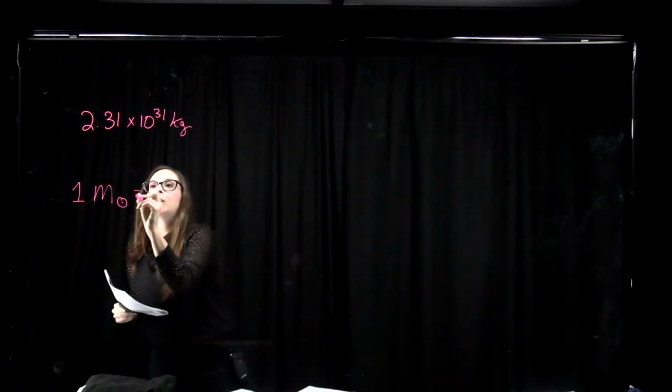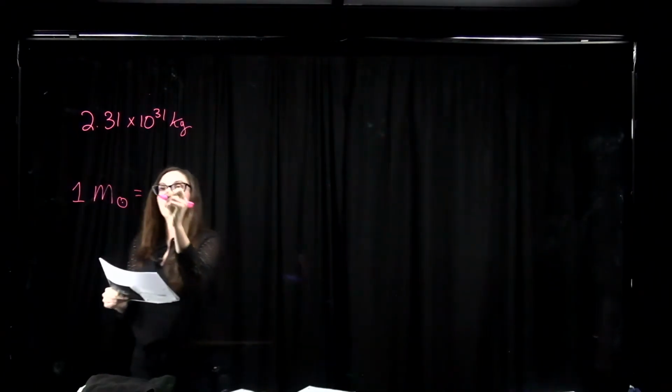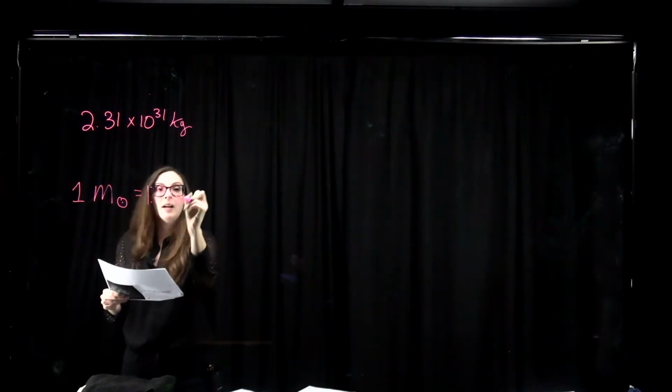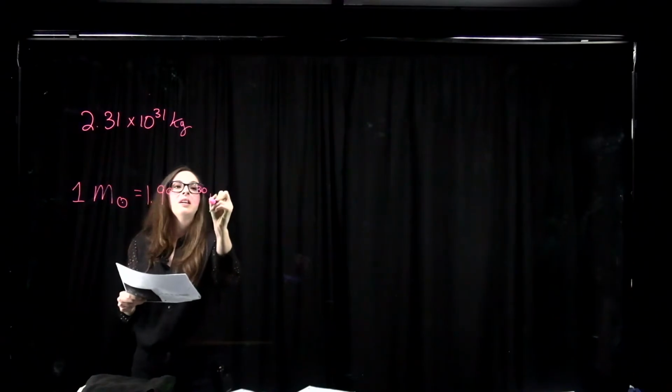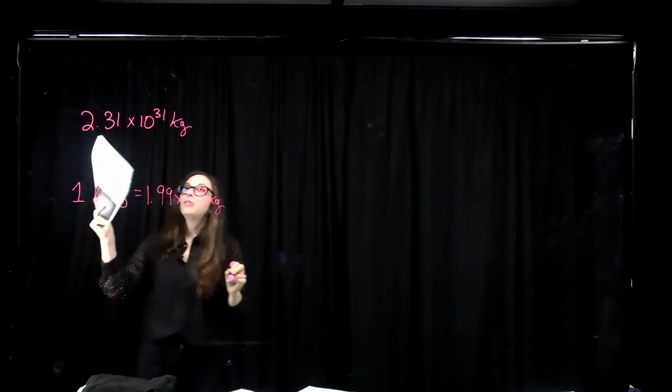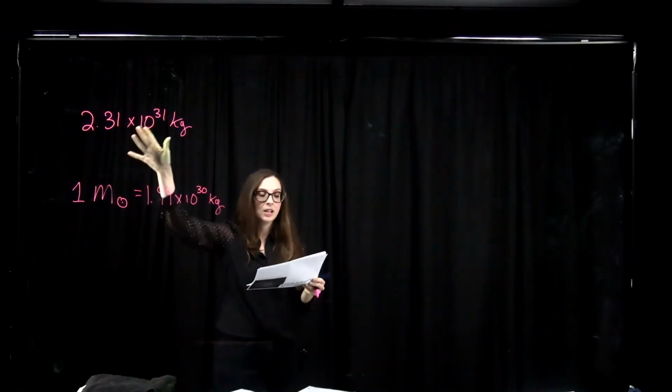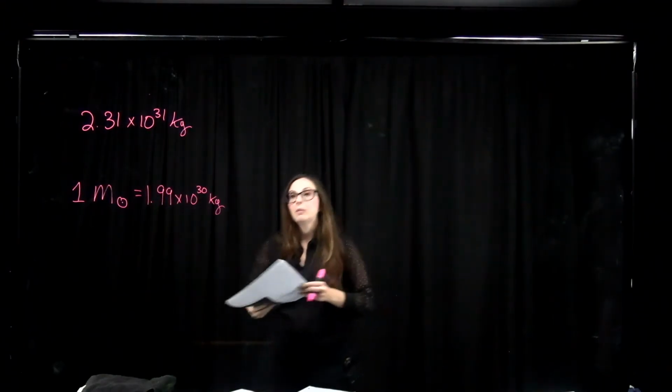So one solar mass is equal to 1.99 times 10 to the 30 kilograms. So if we're going to find out the mass of Betelgeuse in terms of solar masses.